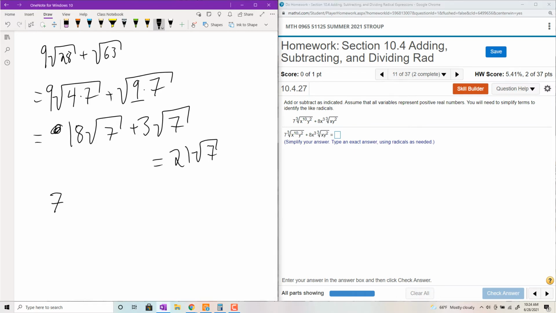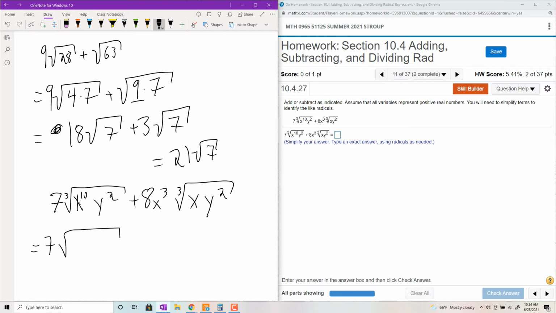So we get 7 times the cube root of x to the 10th y squared plus 8x cubed times the cube root of xy squared. You can simplify the first one via factoring. So it'd be x to the 9th times x times y squared, plus 8x cubed times the cube root of xy squared.